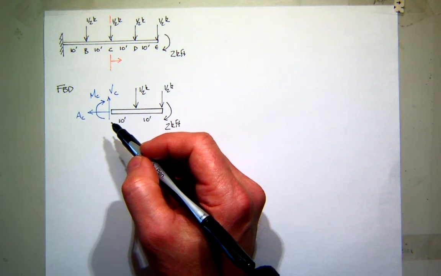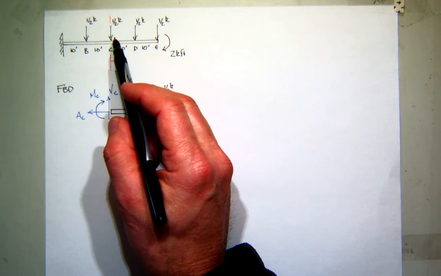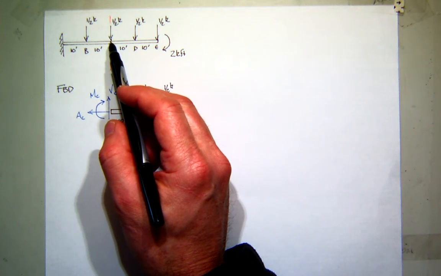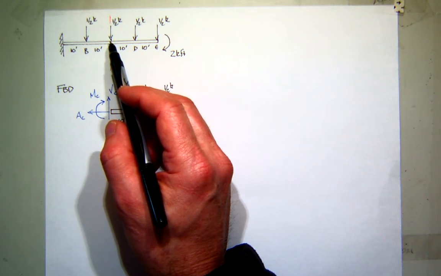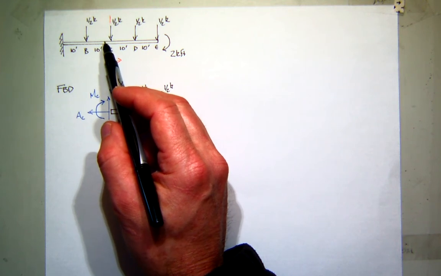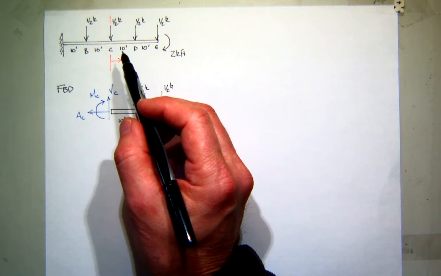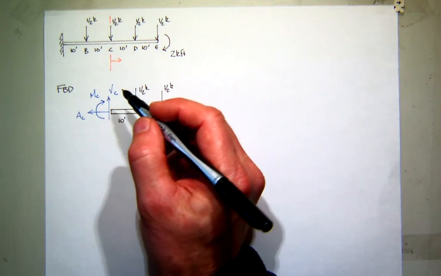Well, now it gets a little tricky. I want to talk to you about, especially for point loads, being right underneath the point load gets a little kind of tricky. So we want to talk about being just to the left of the point load or just to the right. Let's think about just to the left to start.